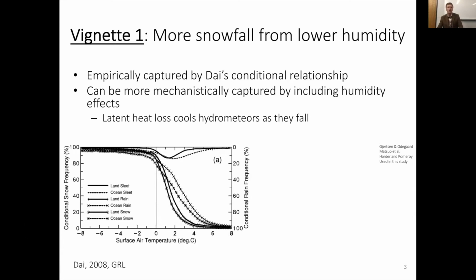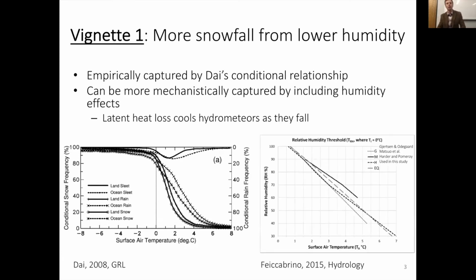And so when we look at common empirical ways of making these measurements like this dye relationship, we see that there's a lot of snow falling above 0 degrees Celsius, right, above freezing. And there's a number of factors influencing that, but a large part of that has to do with latent heat loss as the hydrometeor falls.